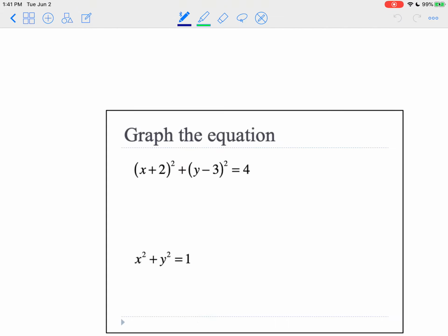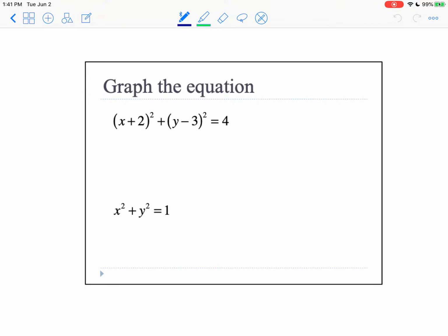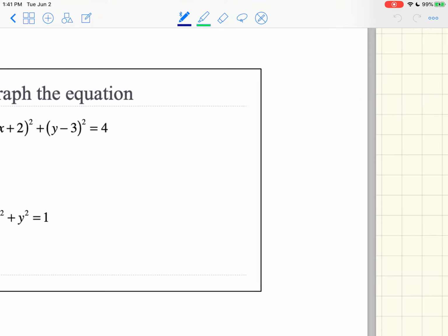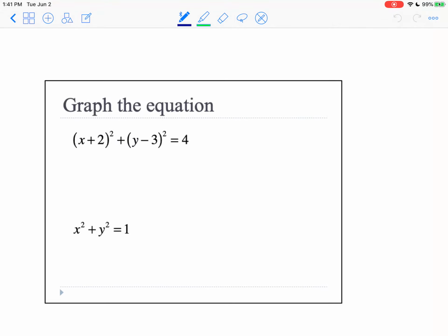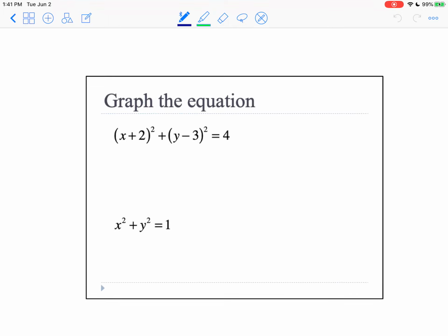Now let's put this to work. We're going to graph these equations. We're going to start with x plus 2 squared plus y minus 3 squared equals 4. Let's first identify the center and the radius of the circle.